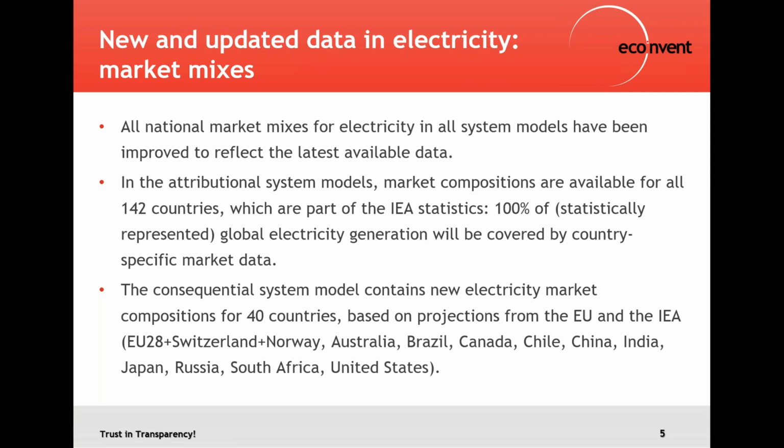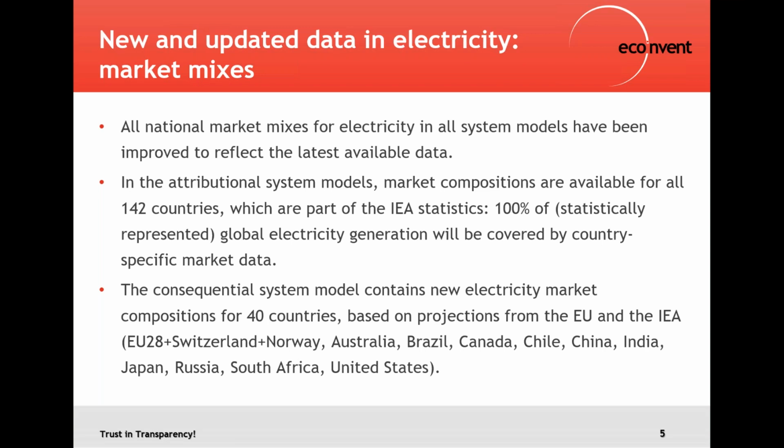In the case of consequential, we have not only updated to most recent data, we have also improved a lot in terms of accuracy, the way those market mixes are constructed.